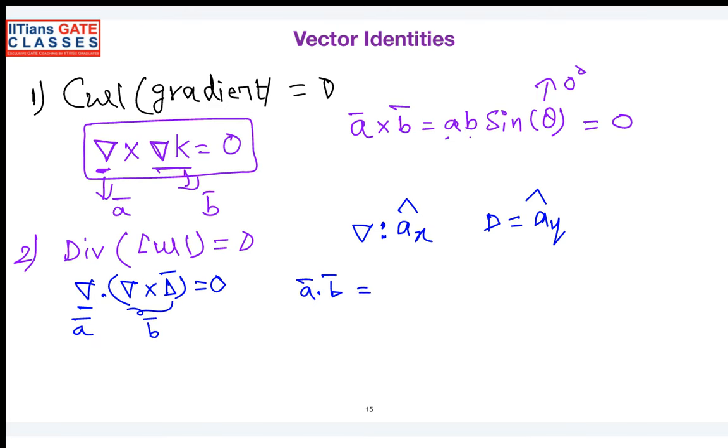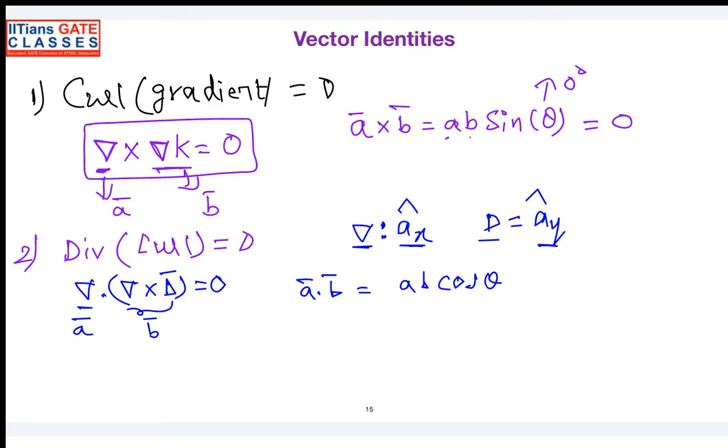In other words, the direction of b bar will be in the direction of del cross d, and a bar is in the same direction as del, right? The resultant of any cross product represents a vector which is perpendicular to both.